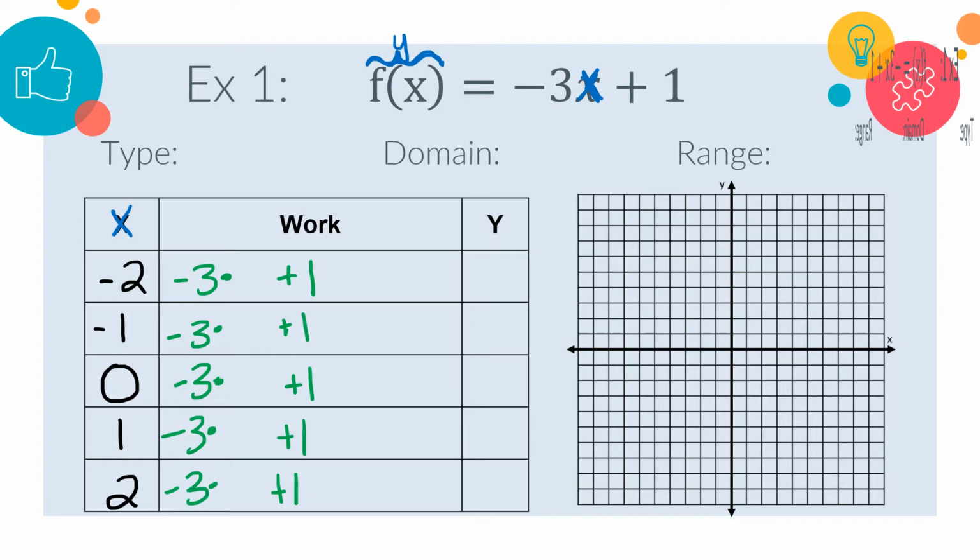Instead of x, though, we're going to substitute in the x value, right? So we chose negative 2, negative 1, 0, 1, 2. That's why we use those x values, so we can plug them in.